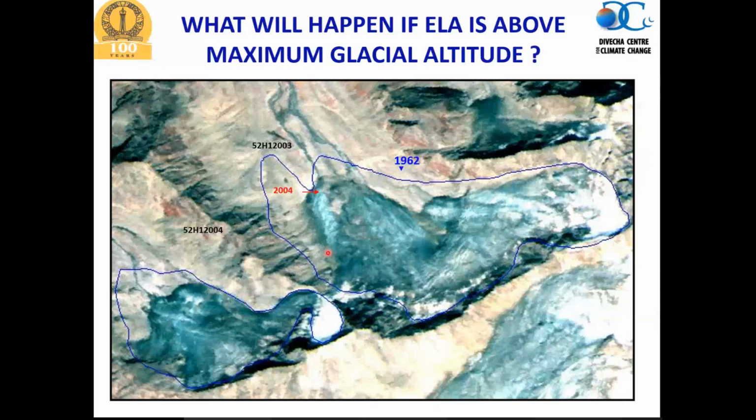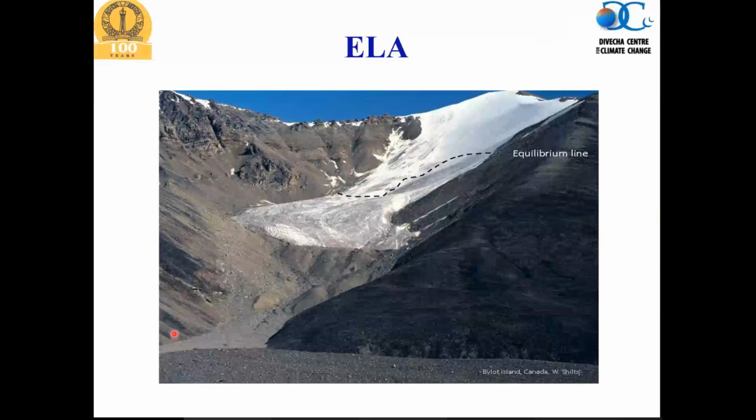That means the entire snowpack is melted away and ice is exposed on the surface, and therefore you have a position where there is no area above the equilibrium line. That means there is no accumulation area, and glaciers are not in a position to form new ice, and this leads to the decapitation or terminal retreat of the glaciers.